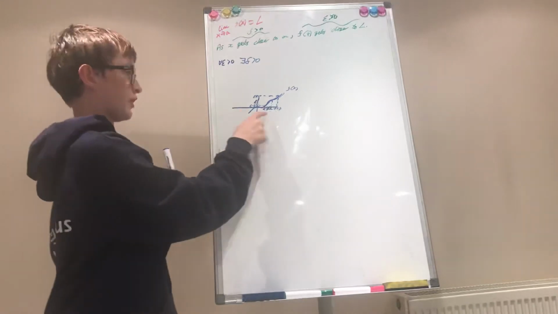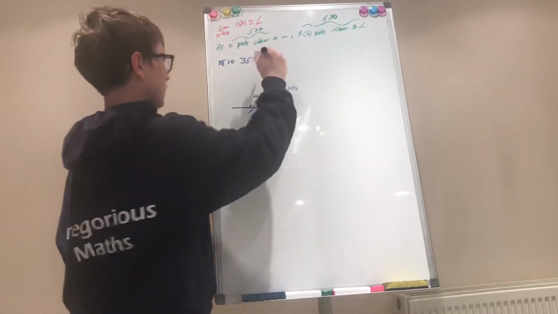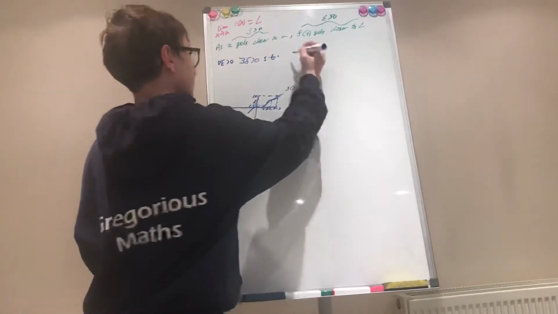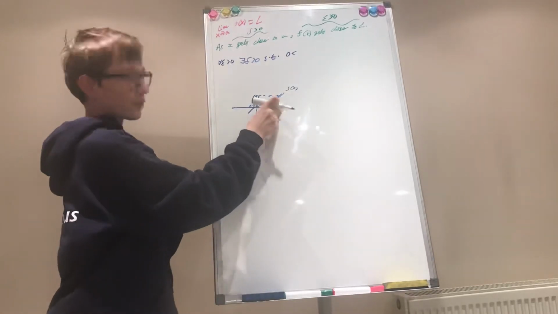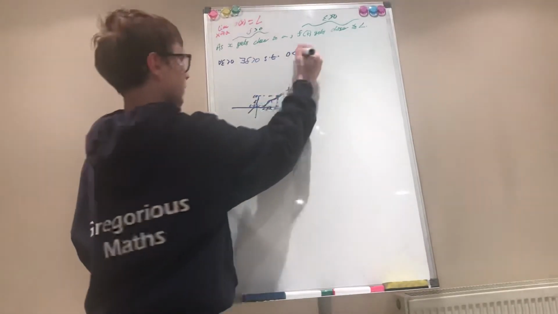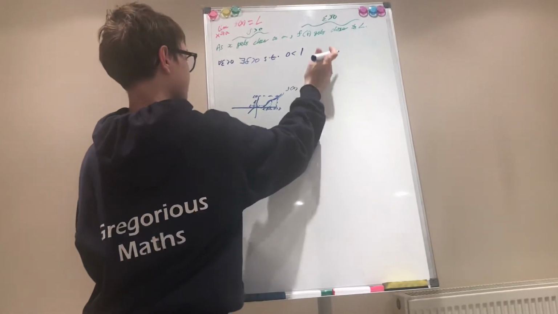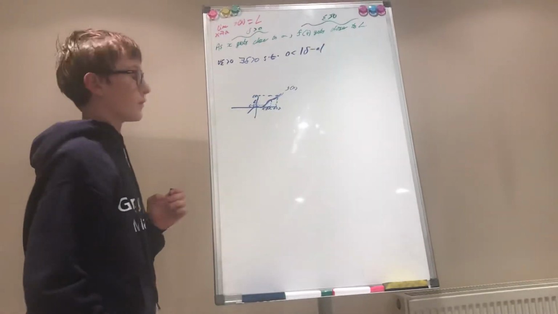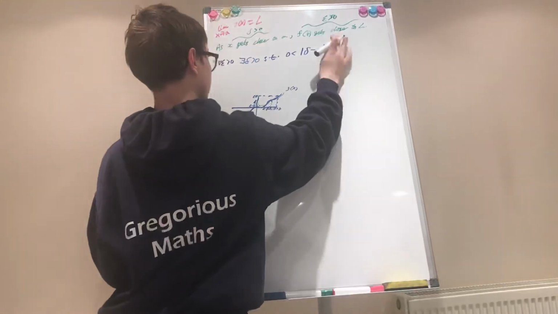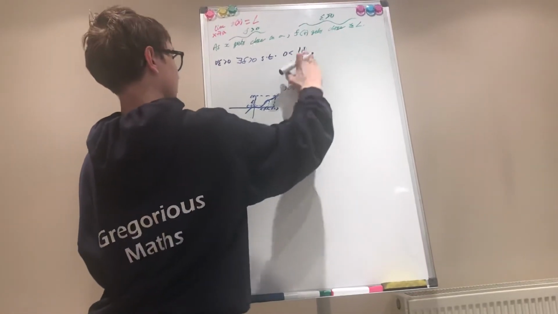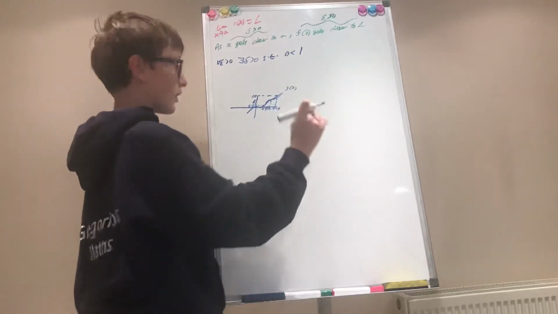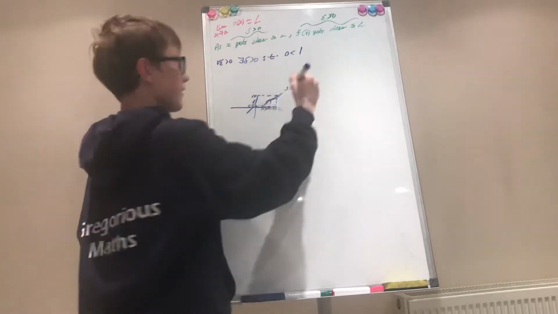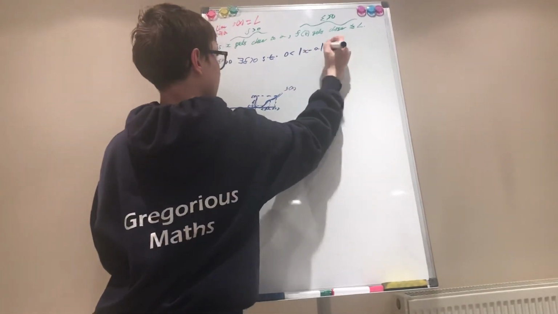This corresponds to this delta here being greater than 0, such that, and this is just shorthand for such that, 0 is less than the distance between x and A, is less than delta.